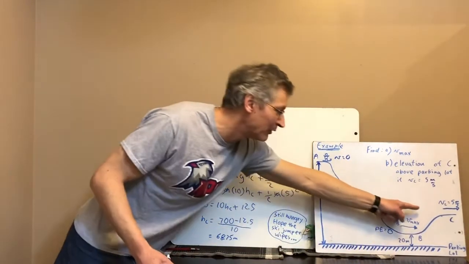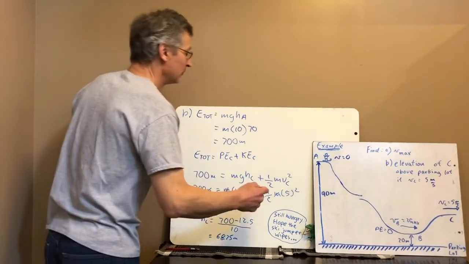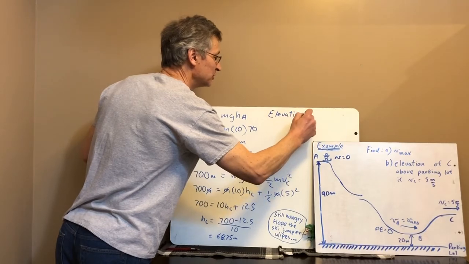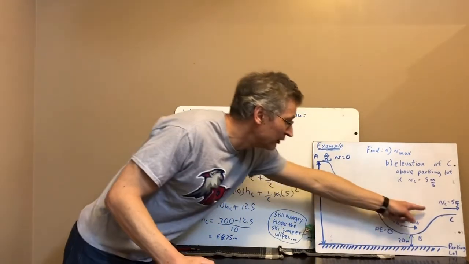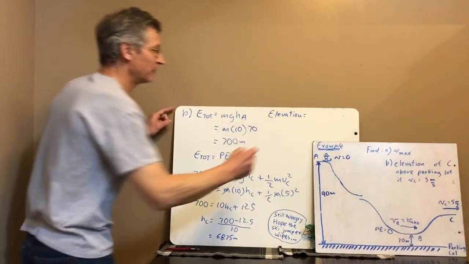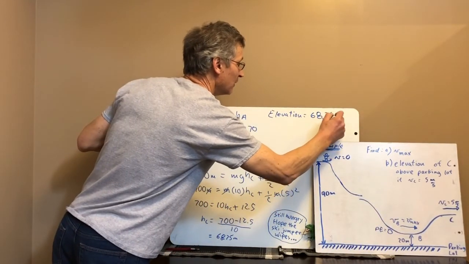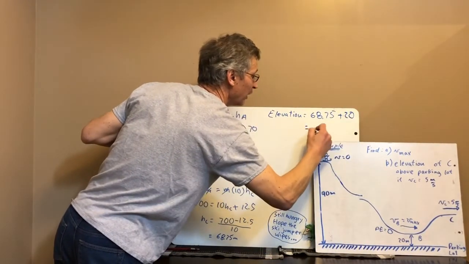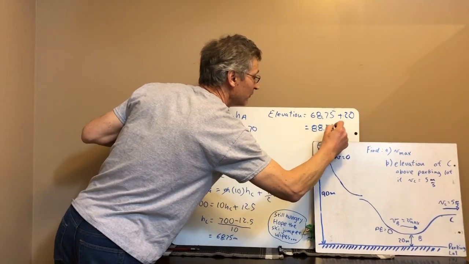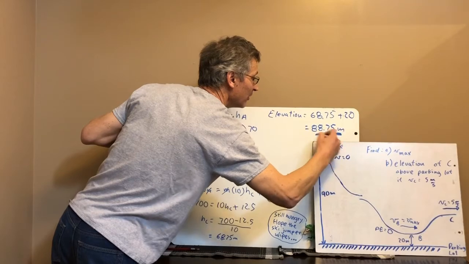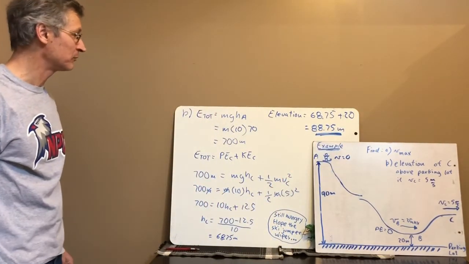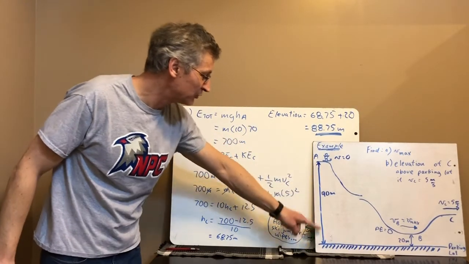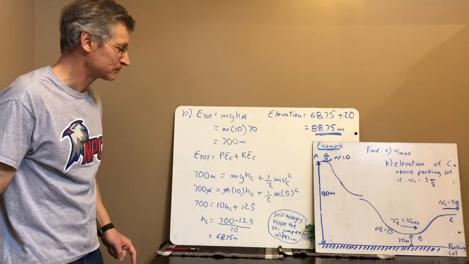So if we want the height of C above the parking lot, we got to go, for our final answer, the elevation is going to be, well, this distance, hC, 68.75, plus this distance, which is 20 meters, and there is your final answer, 88.75 meters. And that makes sense, because let's face it, it should be lower than the 90 meters. The starting point is above the parking lot, and it is.